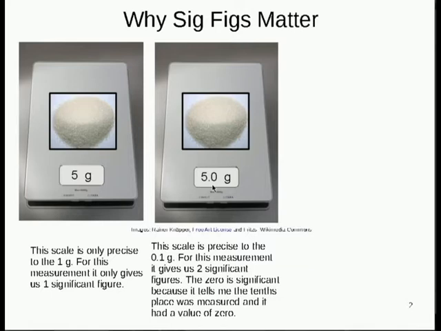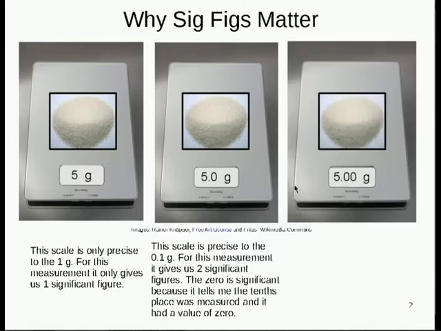So what if I decide this precision still isn't good enough for my purposes and I want something even more precise? I look harder and I find this scale in the laboratory, and it measures to the 100th of a gram. So it's even more precise. This scale tells me that this amount of sugar is exactly 5.00 grams.